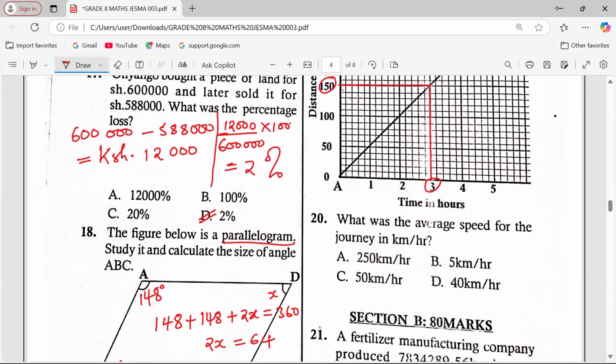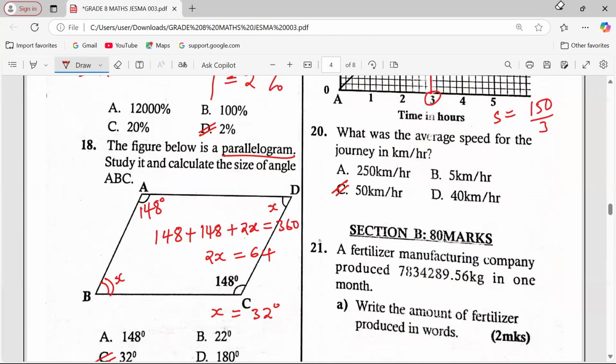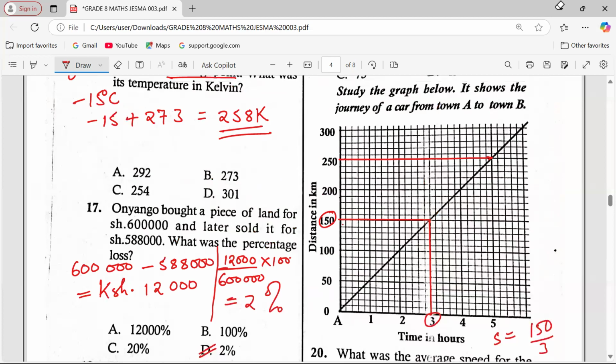So speed is given by distance over time. 150 divided by 3, we get 50. We can also use any other value, like a distance of 250. Go down that line.